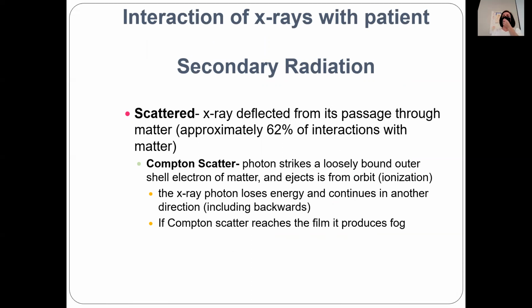So, all right. Secondary radiation, so scatter, is when the X-ray is deflected from its passage through matter. This happens clearly the majority of the time. So scatter is very common. And you have two kinds of scatter. We have Compton and Coherent. Compton scatter is when the photon strikes a loosely bound outer shell. Now this is where it's going to get a little confusing, because we talk about inner shells, outer shells.